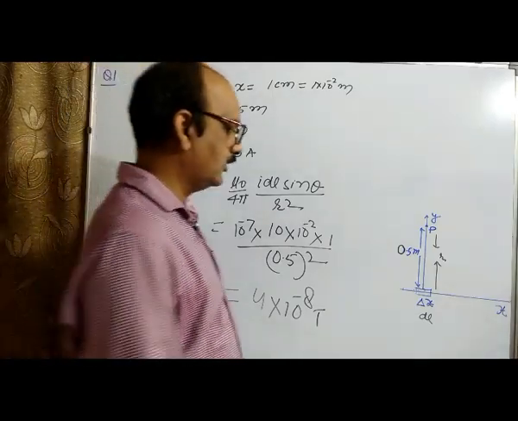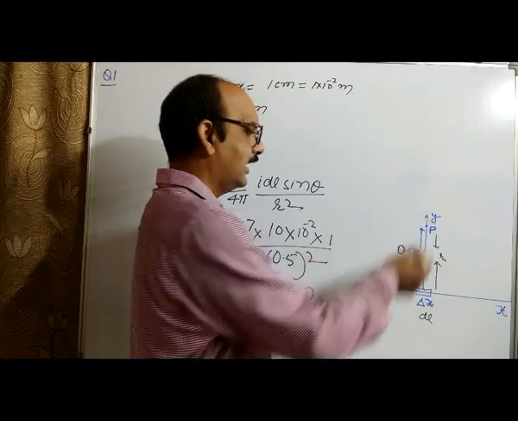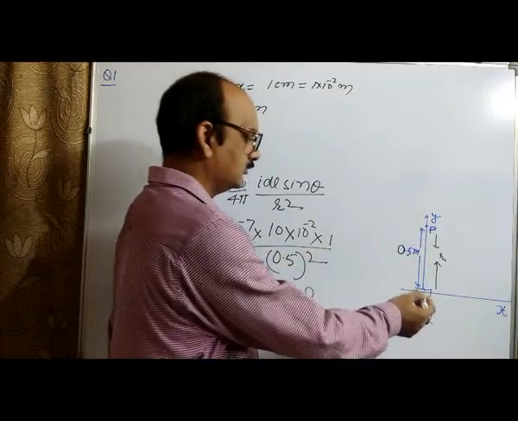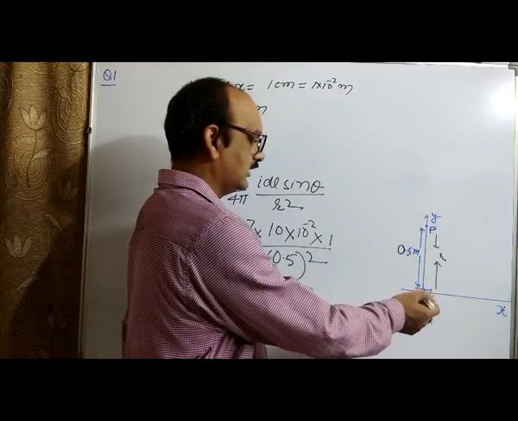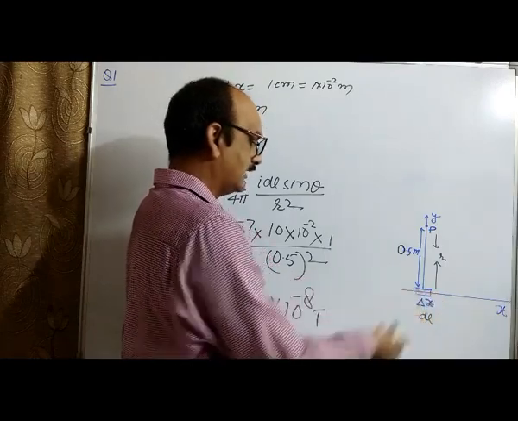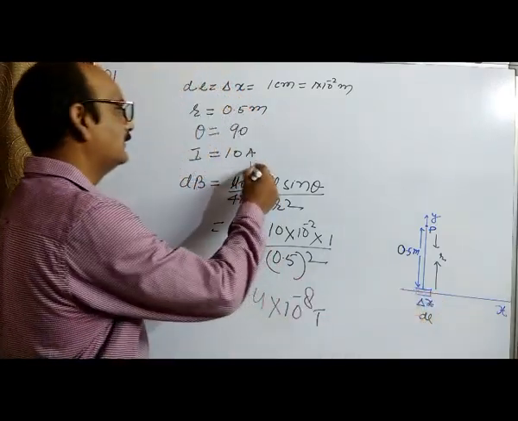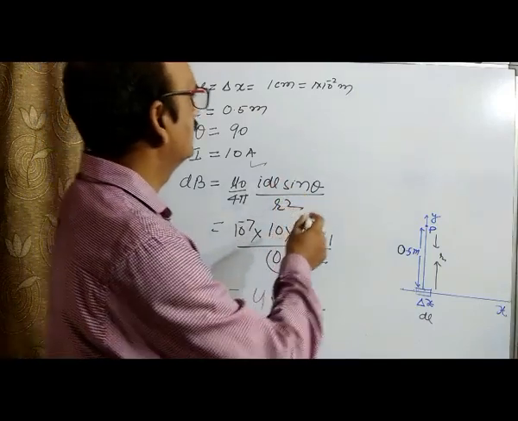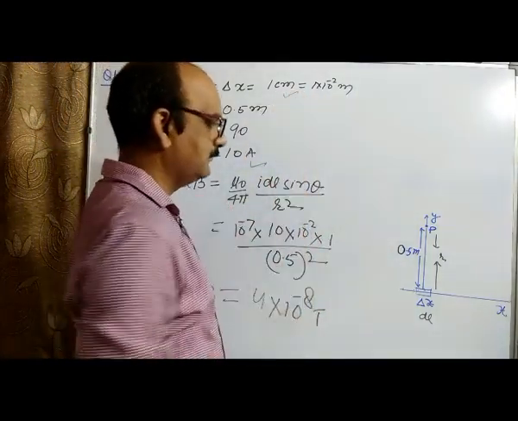This is the value of magnetic field at the point P due to this current element, which is carrying current 10 ampere, and length is 1 centimeter.